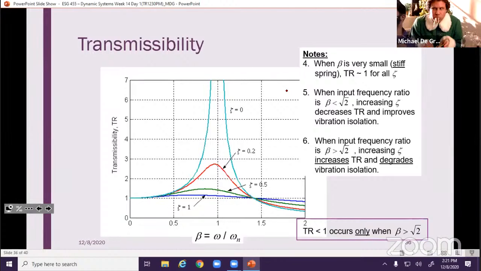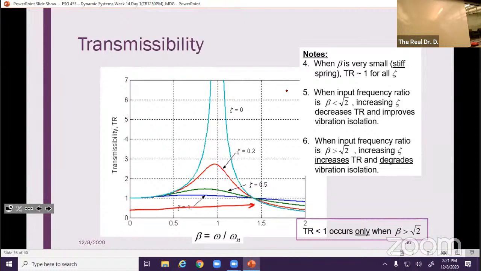When the input frequency ratio beta is less than root 2, so when we're in this portion of the plot, from here to here, beta less than root 2, if we increase zeta, we decrease the transmissibility, right? So that's pretty easy to see here. If we start with the cyan line and we work our way down, the dark blue line has the most damping ratio, and it also has the lowest transmissibility.